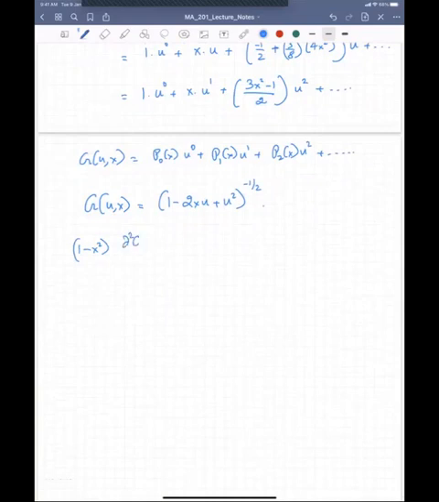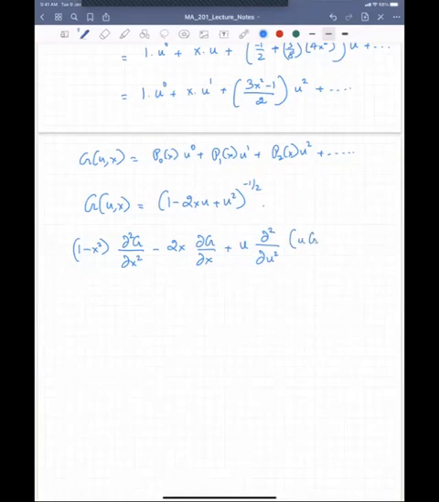So I'll use partial differentiation and write this as (1 minus x squared) d squared G over dx square minus 2x dG dx plus u d squared over du square of (u times G) equals 0. Okay. Now I leave it to you to show, using this particular form of G that we have written, that this equation holds true. Okay.